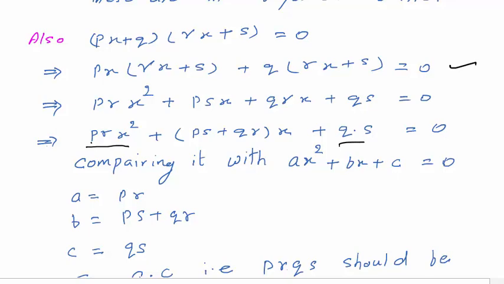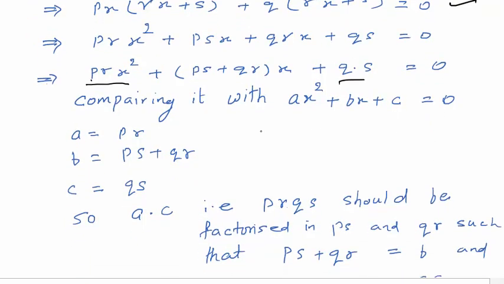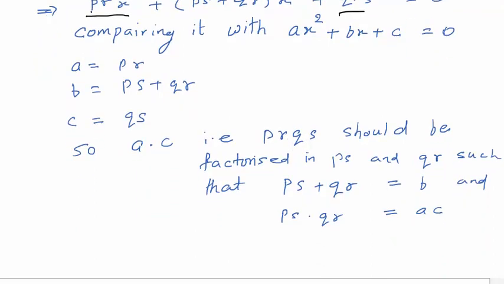Now as my general equation was ax square plus bx plus c, if I compare, I will get pr is equals to a, ps plus qr is equals to b and qs is equals to c. So if I see a into c, I will get prqs, or I can say that pqrs. All the four terms I will get. Now its factors I can arrange as ps and qr.